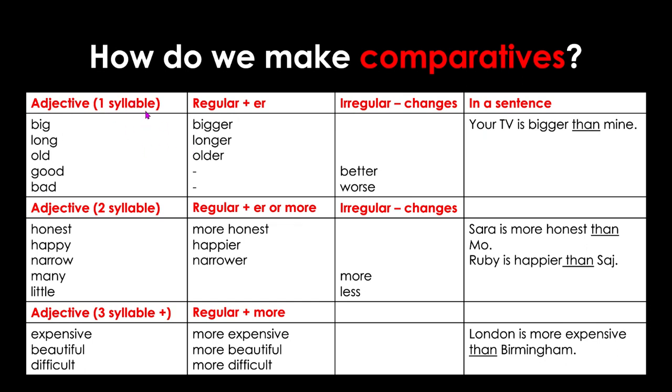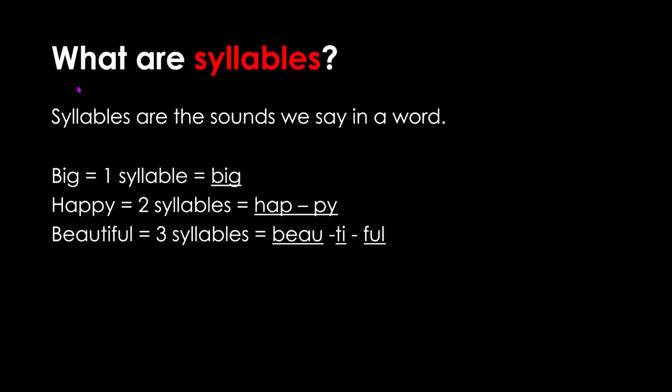So first of all, I want to double check with you, what is a syllable? So let's just look at that. What are syllables? Syllables are the sounds we say in a word. So for example, big has one syllable, one sound, big, one beat.